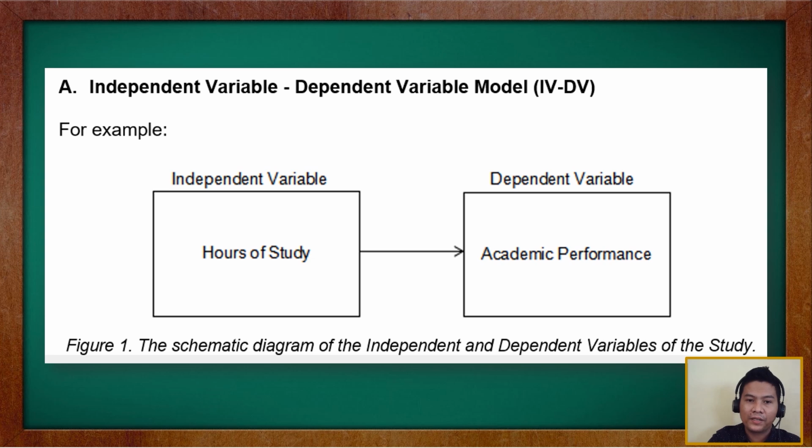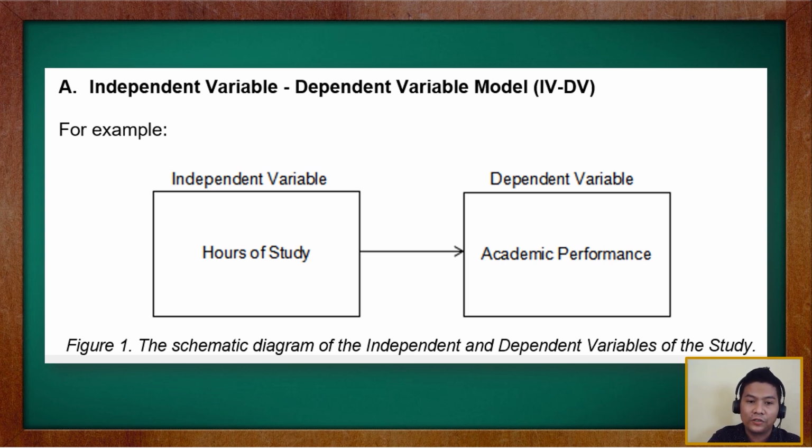Letter A, independent variable, dependent variable model. In this figure, the schematic diagram of the independent and dependent variables. This conceptual framework shows the independent and dependent variables of the study. It is presumed that the more hours a student prepares for the exam, the higher the expected academic performance.